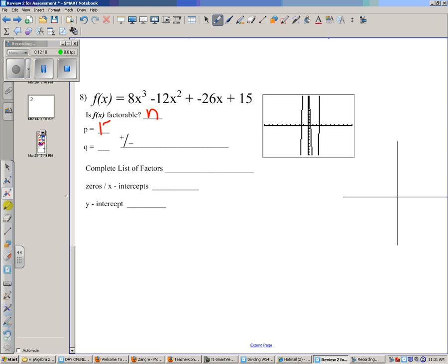P is 15, q is 8. So my factors of 15. And now I'll write down the factors of 8. And all these factors of 15 have to go over 1, then they have to go over 2 and 4 and 8. So first, just starting out with the 1, I'm going to have just the numbers themselves.